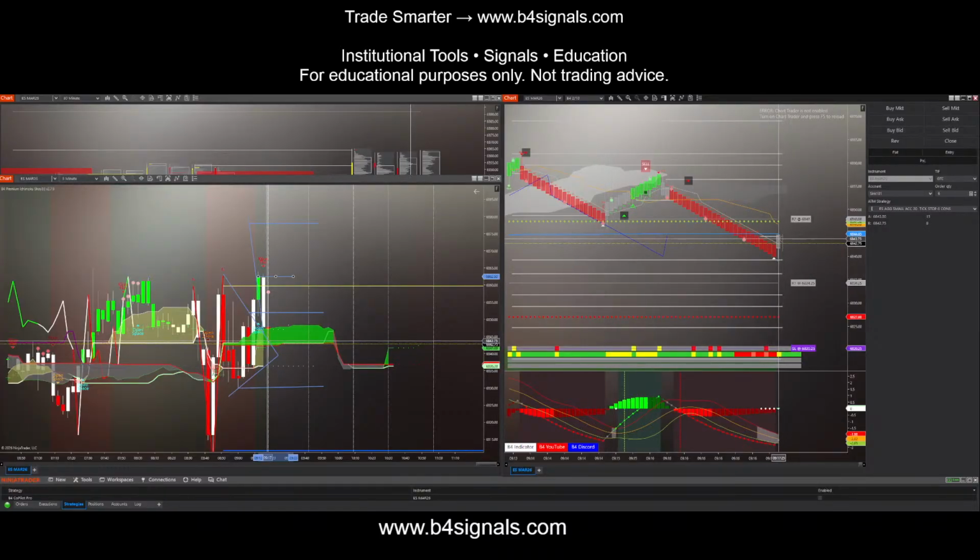Gray area right here. We're looking to go bullish, squeezing. We get above the cloud. The TK cloud and the Ichimoku cloud are kind of overlap right there.